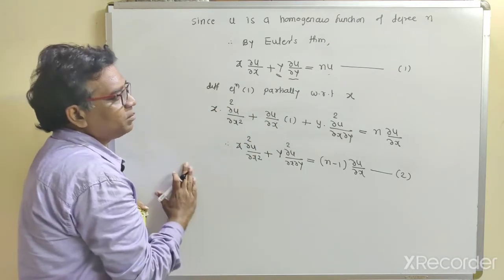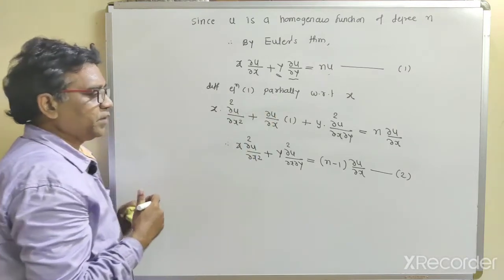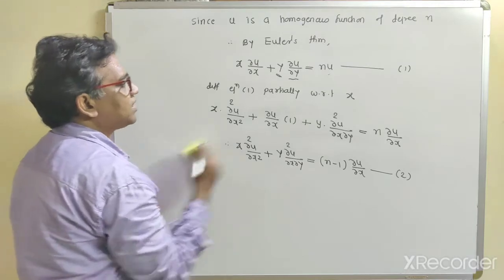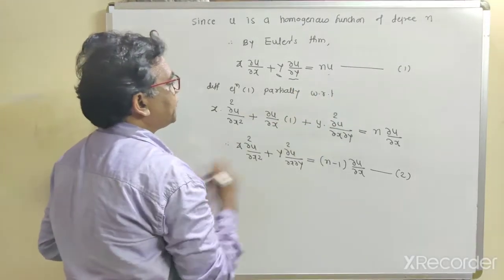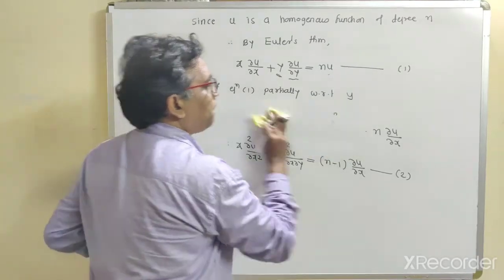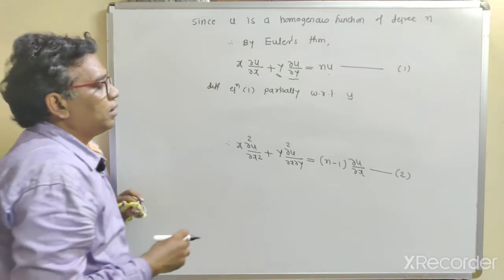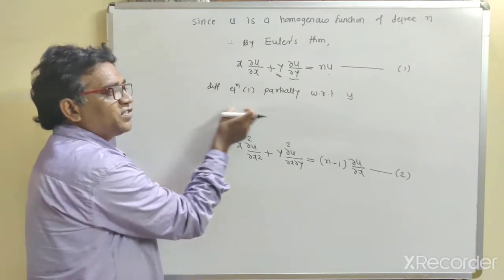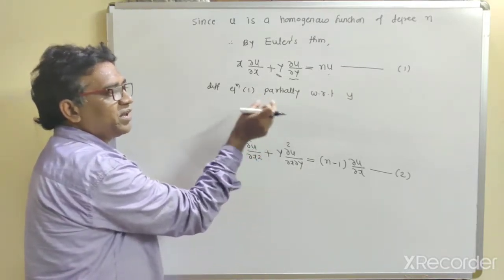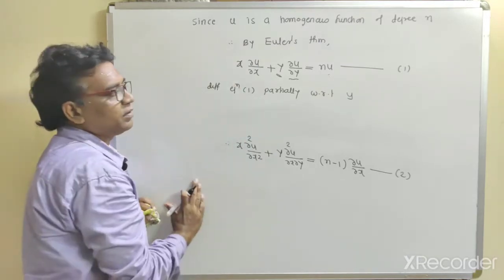Now what is the second step? Differentiating equation 1 partially with respect to y. So write down the next step: differentiating equation 1 partially with respect to y. Now differentiation partially with respect to y means we have to keep the remaining variable x as a constant variable.